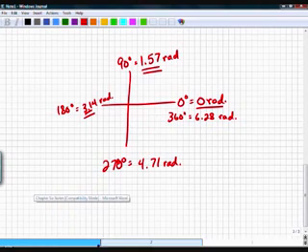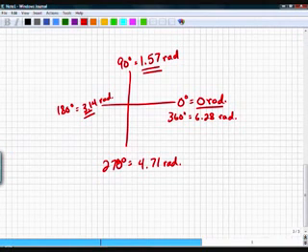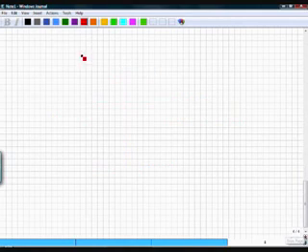1 radian is about 57.3 degrees, but again, you don't have to know that. To convert from degrees to radians, we multiply by pi over 180. Let's do an easy one, 90 degrees.